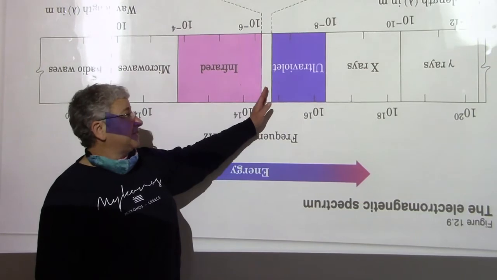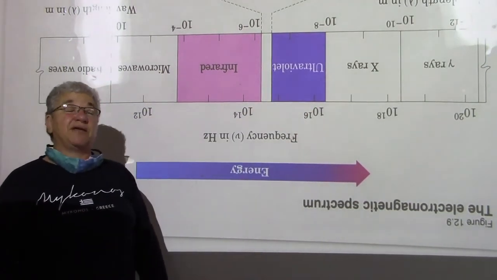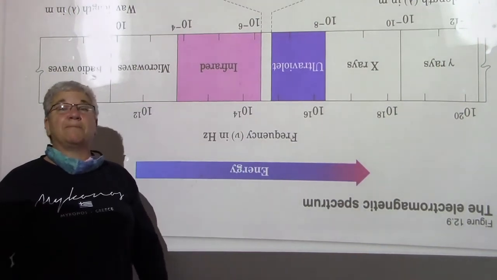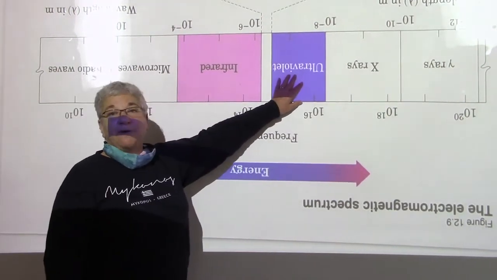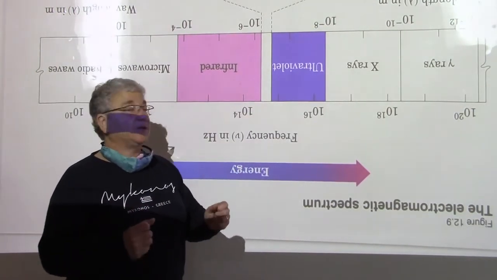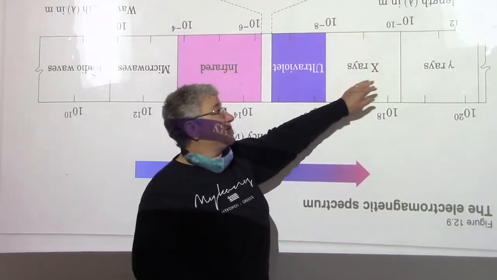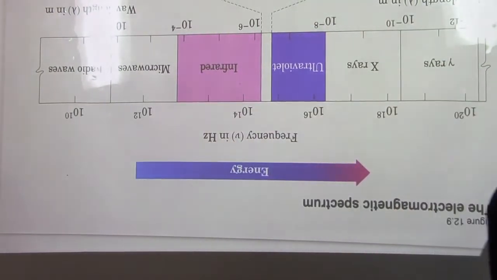And finally, above visible light is when you can actually break bonds, right? So it's not till you get to the high energy UV rays where you can actually break covalent bonds. And then you have X-rays, and then last you have gamma rays. Okay? So that's your electromagnetic spectrum.